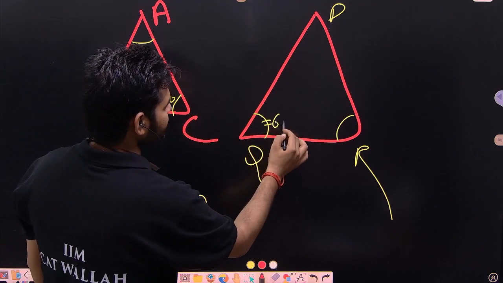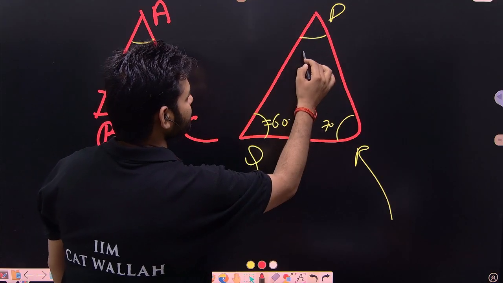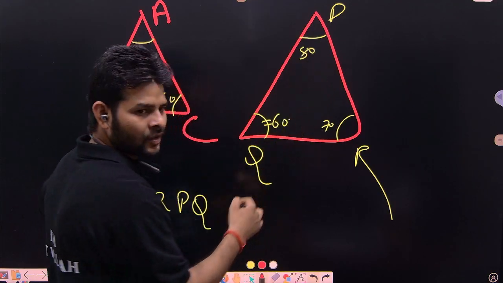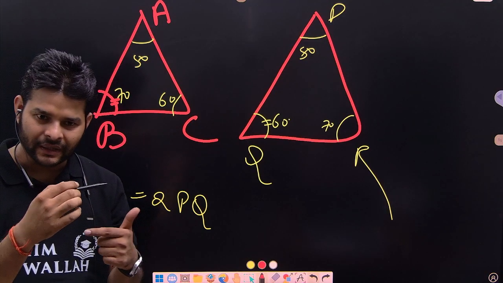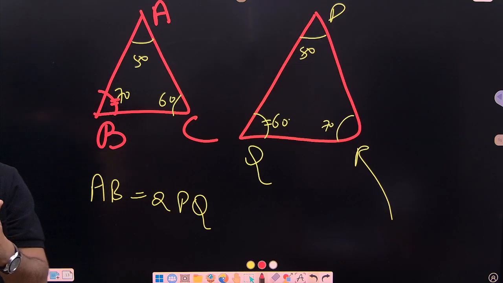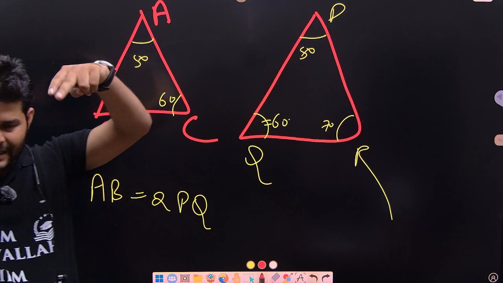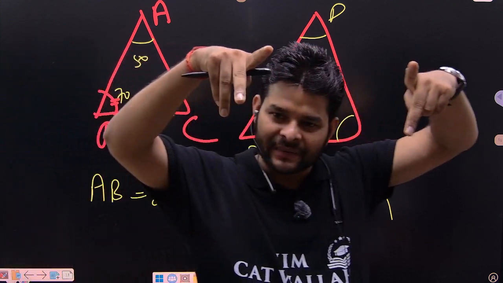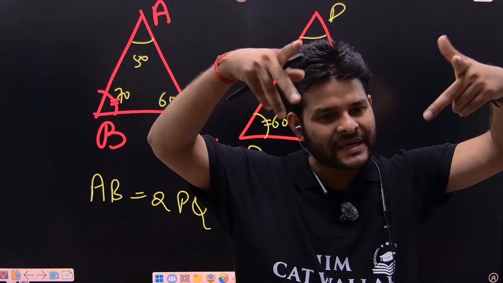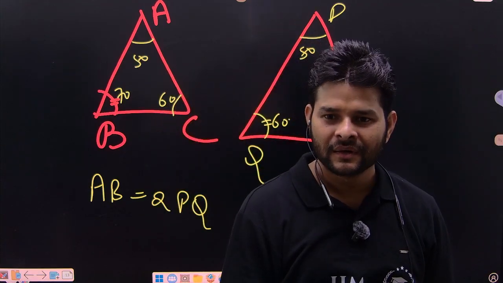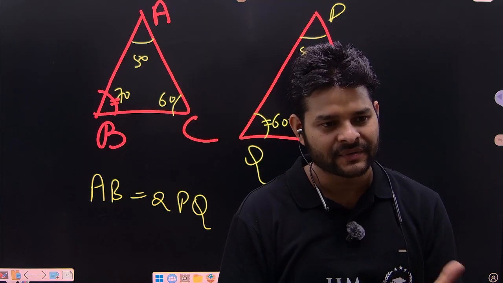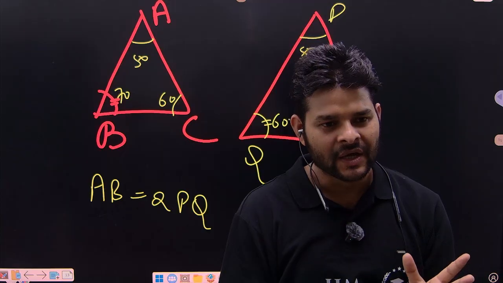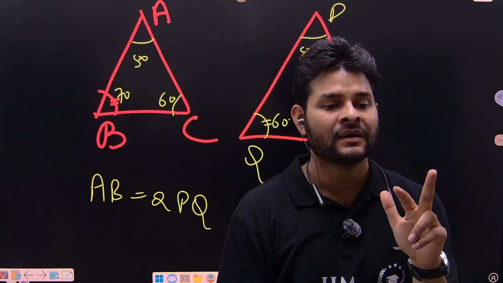All three angles are equal, but the sides are not corresponding. Then this is the condition of similarity, not congruency. If two angles are equal, the third must be equal by itself. This is the first mandatory condition of similarity.